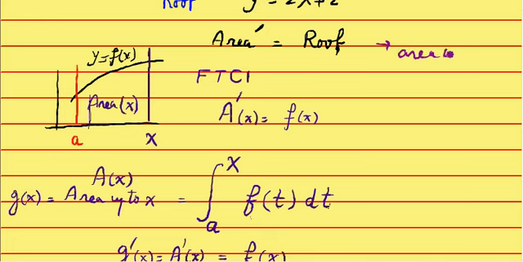Area is an antiderivative of the roof. Instead of saying roof is the derivative of the area, I can say area is an antiderivative of the roof. So there is an interplay between antiderivatives and areas.